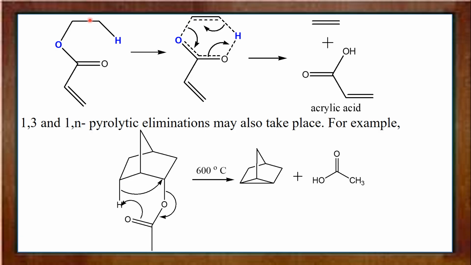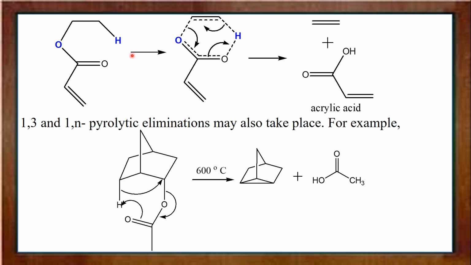Here earlier we had a carbon-carbon single bond. Now one more bond is made here. So this has become an alkene. So this is also a 1,2 or alpha, beta or beta elimination. This is a 1,2 elimination.